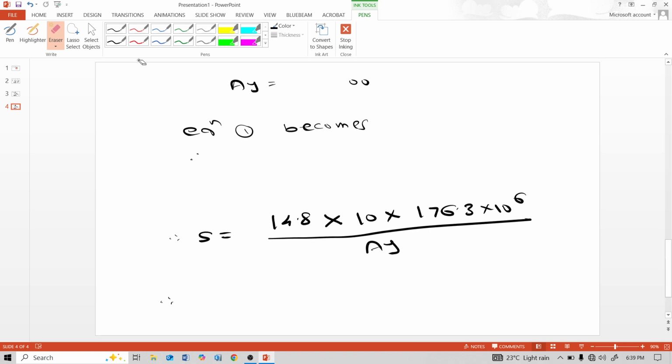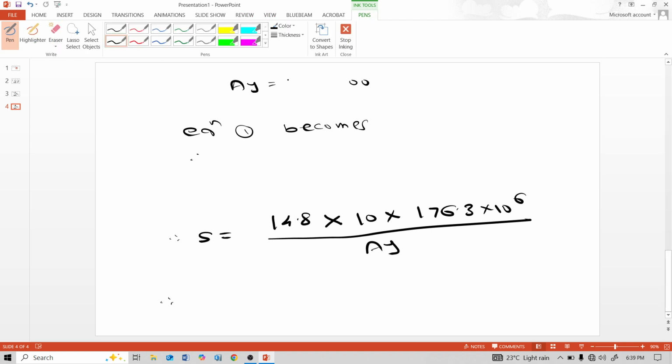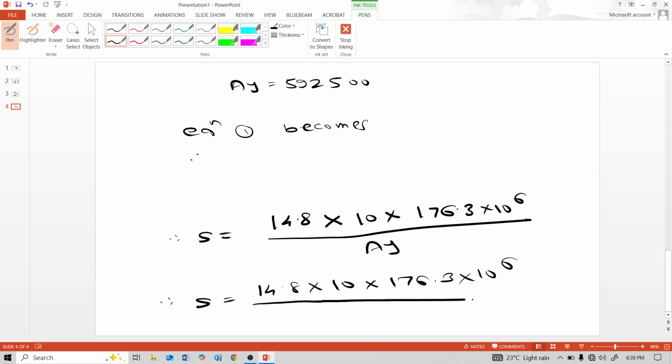Our Ay is 5,92,500. So S is equal to 14.8 multiplied by 10 multiplied by 176.3 into 10 raised to 6 divided by 5,92,500.